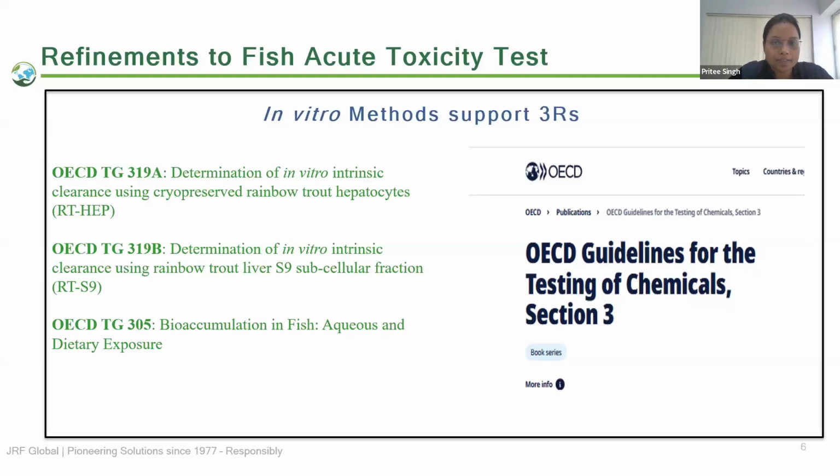One is the uptake phase, where the chemicals are exposed, and then the second phase is the depuration phase, or recovery phase, where they are kept in clean, non-toxic water. After that, lipid content is collected, and based on the lipid, the bioaccumulation, how much of the chemical gets accumulated in the tissues, is determined.